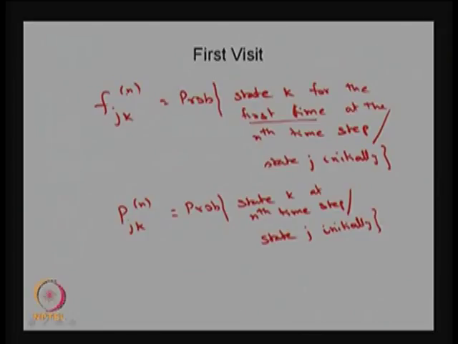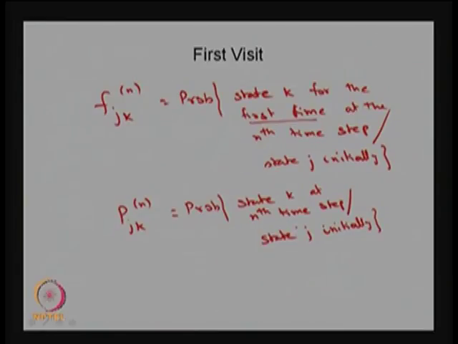Therefore, this is the first time conditional probability, and the other is not necessarily the first time; this is also a conditional probability. I can relate f suffix j comma k with p suffix j comma k, both being n step transition probabilities, but one is for the first time, the other is not necessarily.